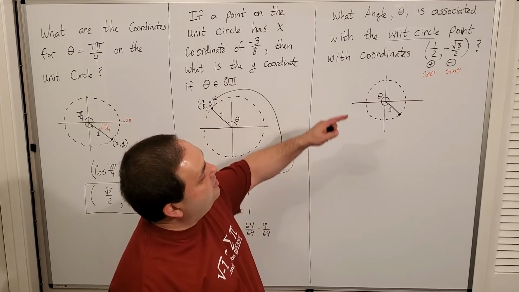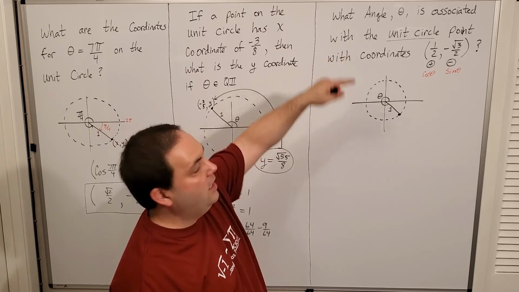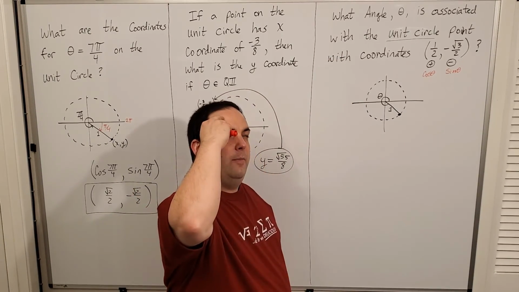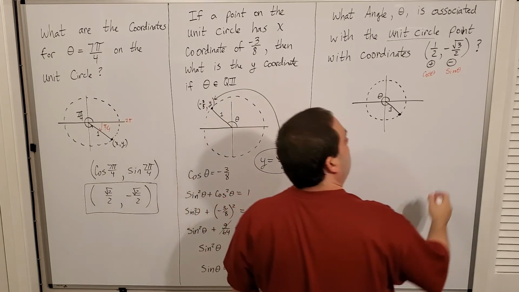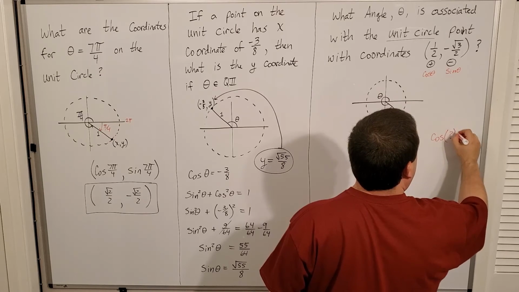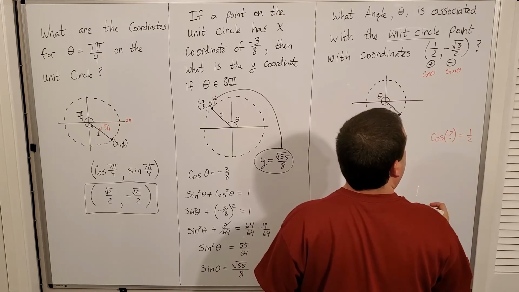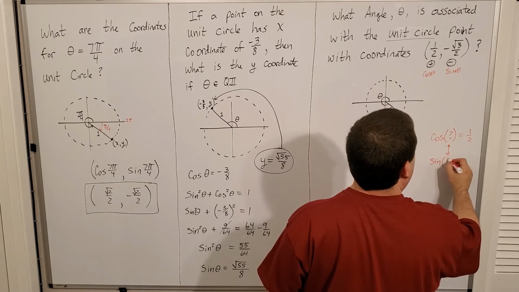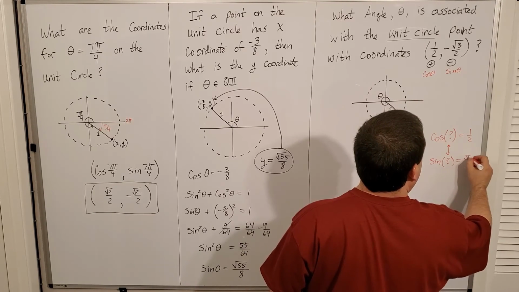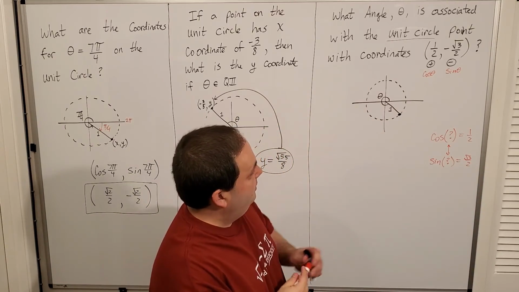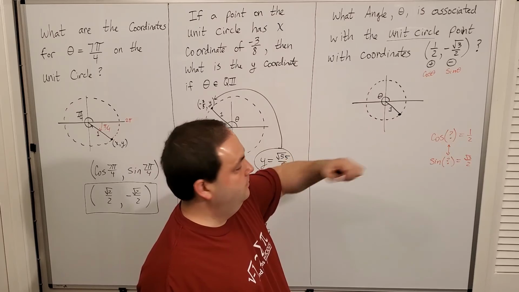Well, since the cosine is 1/2 and the sine is square root of 3/2, that's one of those memorized angles. You got to think about it for a second. Which angle has a cosine, right? Cosine of what is 1/2, where the same question is the sine of what is square root of 3/2. And notice I'm just focusing on the positives here. The negative just helped me locate the quadrant.